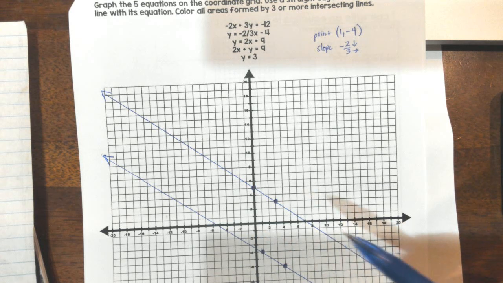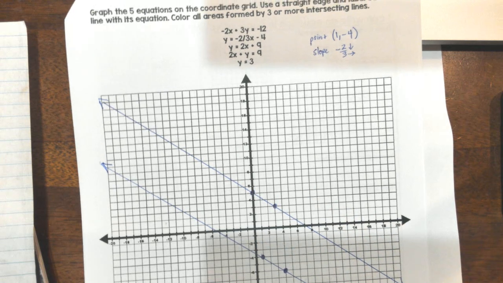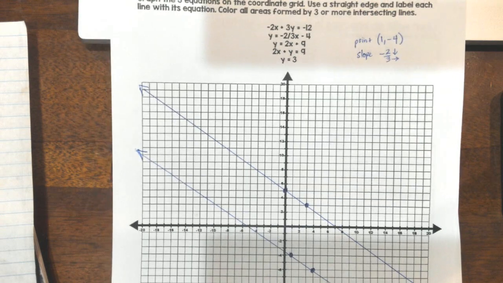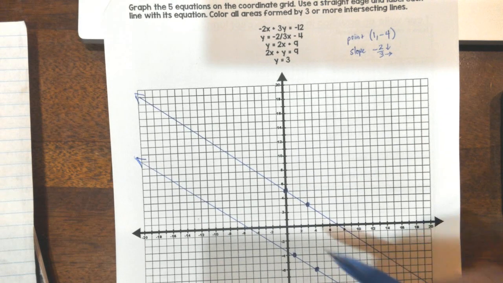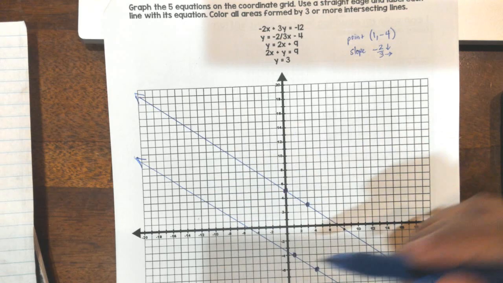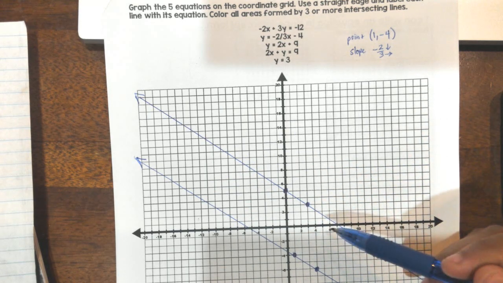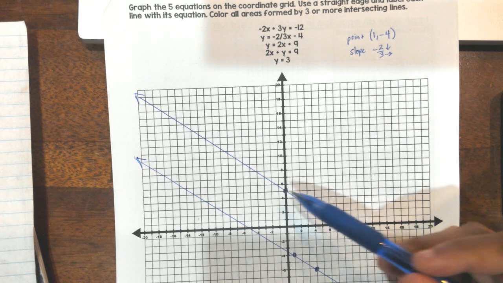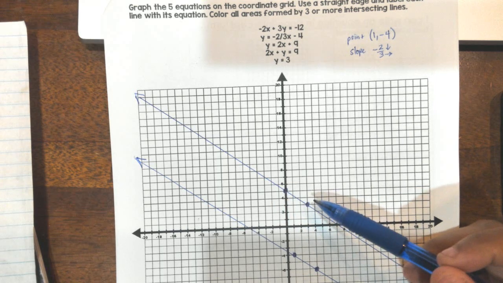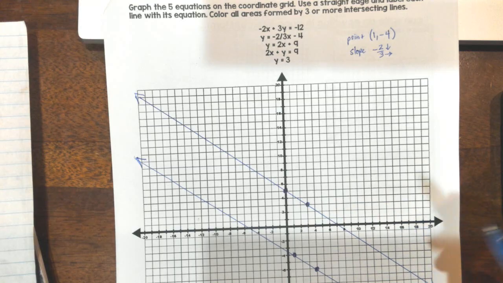That's why they're slanting the same direction, because they have the same slope. All right, different y-intercepts, same slope, decreasing lines. All right, so that's how you plot a point and a slope. That's how you graph a line given a point and a slope. That's what I'm expecting you to do on your test.